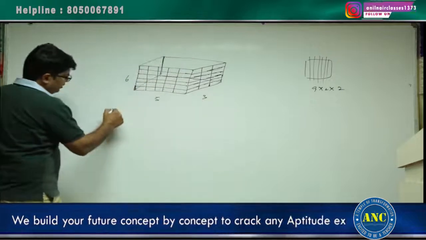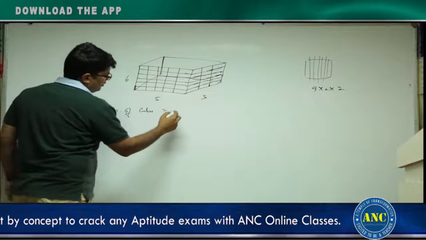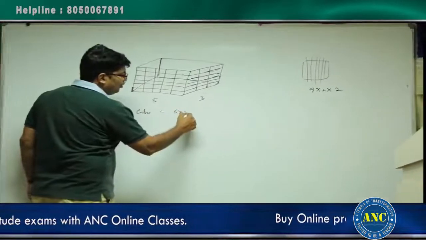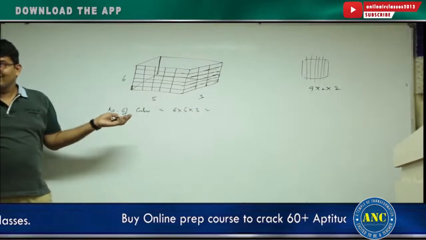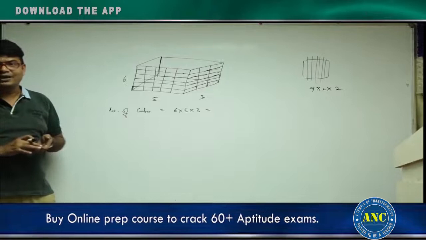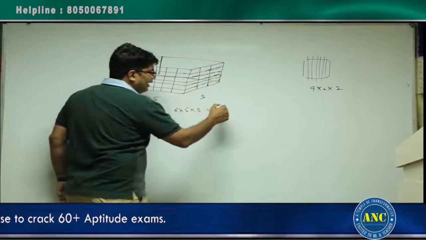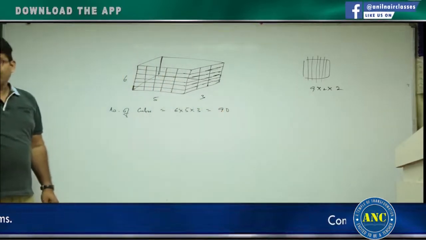Number of cubes? 6 into 5 into 3. Length into breadth into height, total number of cubes. 6 fives are 30, 30 into 3, 90 cubes. Are you okay? Okay.